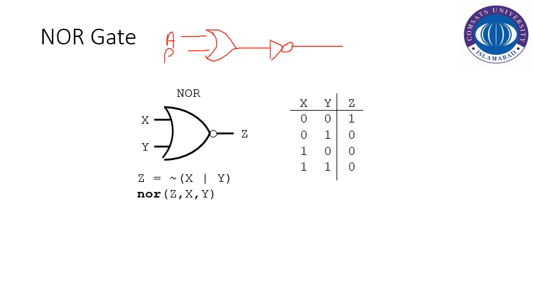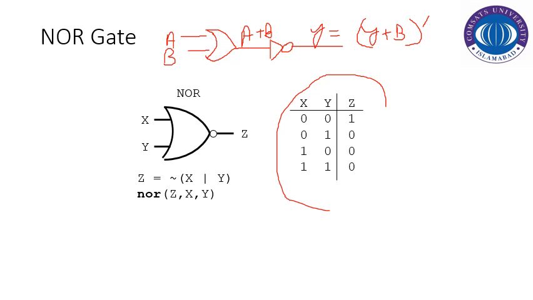For example, A and B are the inputs and Y is the output. So here we are getting A plus B, or A or B, basically A or B, that is inverted to produce Y. So Y is equal to A or B full prime. And this is the truth table that represents the NOR operation here.